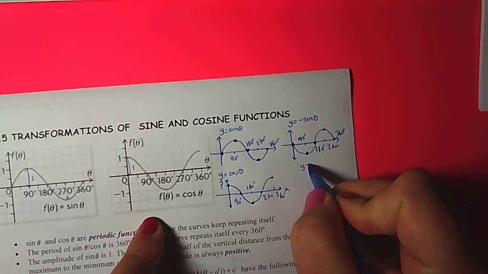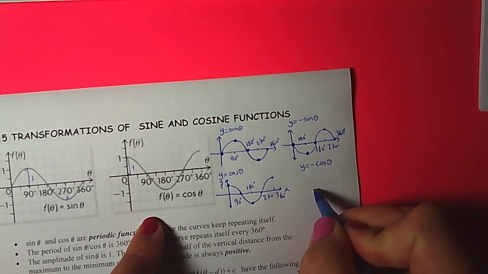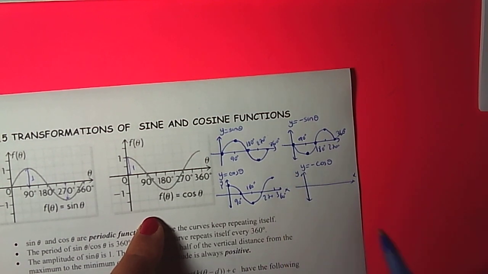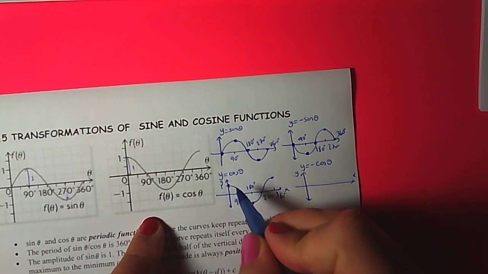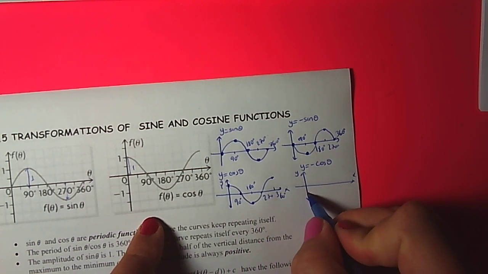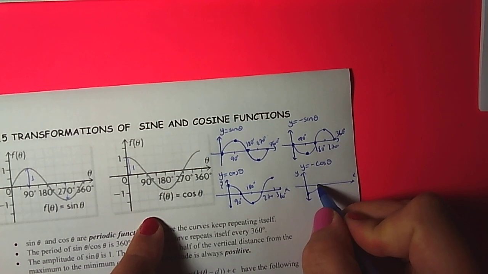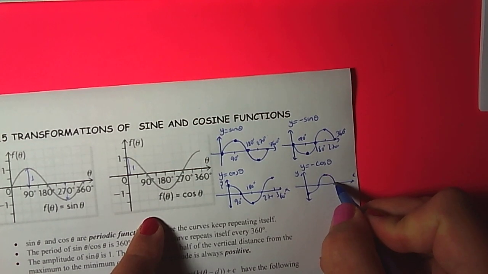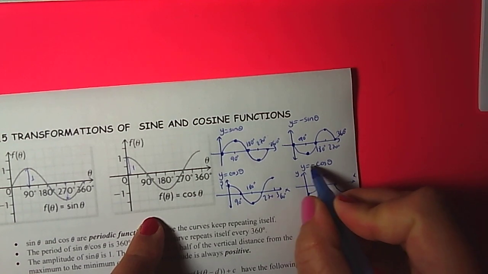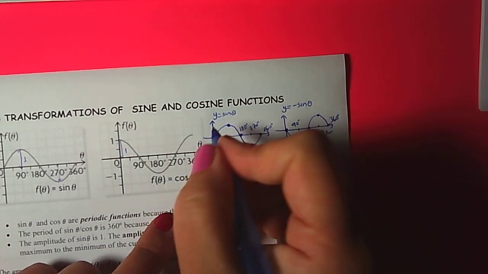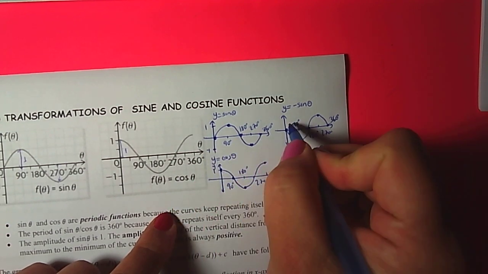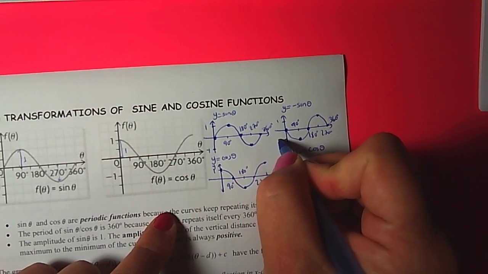So if we have y equals negative cos theta, then there is a reflection in x-axis. Then instead of starting from a maximum, we will start from a minimum, go to the 0, go to the maximum, go to the 0, and go to the minimum again. So that would be negative cos theta. And again, the maximum values are 1 and minimum values are -1.